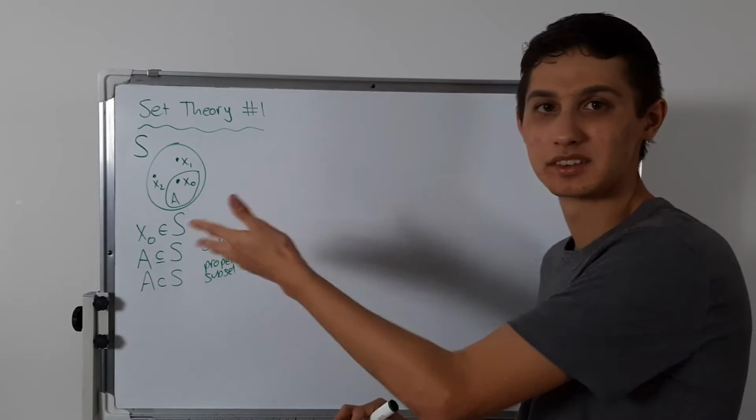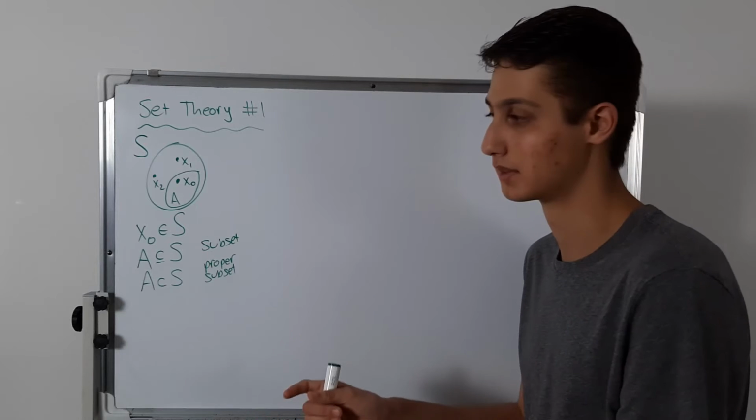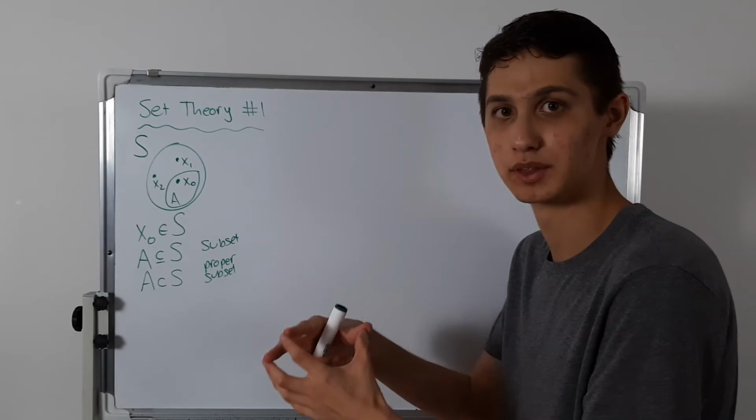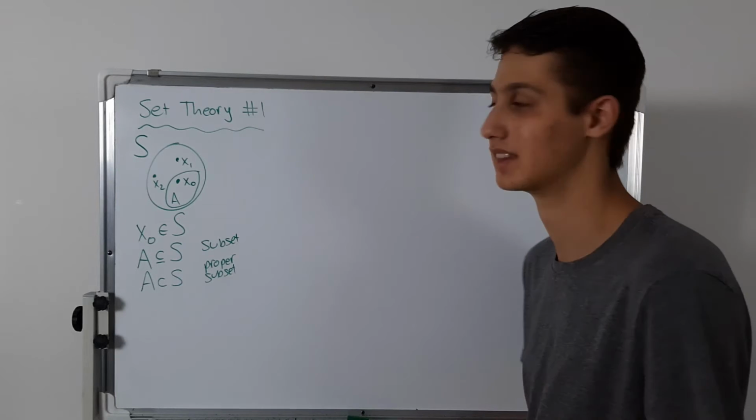Now, what exactly is a subset? Because we talked about what a subset is, and it should make sense to you: one set of things being inside of a bigger set of things, or one that's equal to that same size.